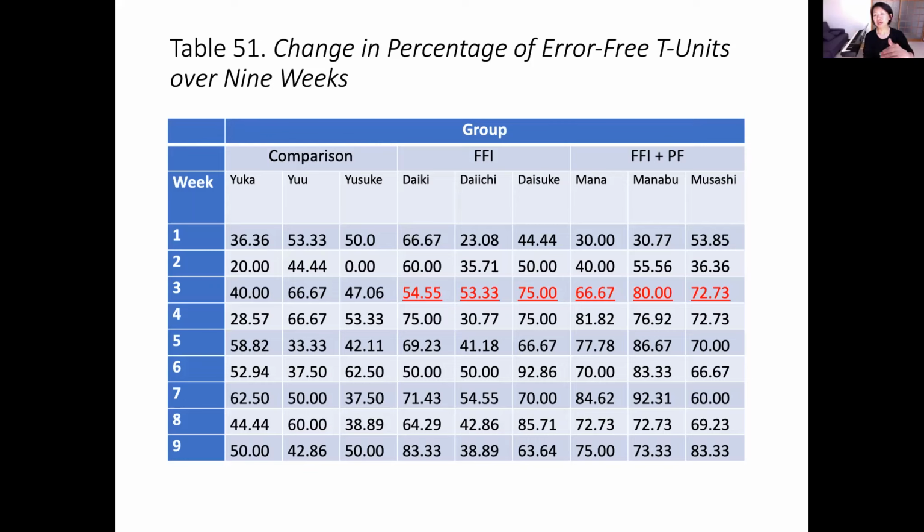But if you look at the very bottom, the final week, maybe there are no such differences. That probably suggests that by giving learners more form-focused instruction, that will speed up their grammatical accuracy development until that effect fades off after a certain point of time. Maybe a ceiling effect.